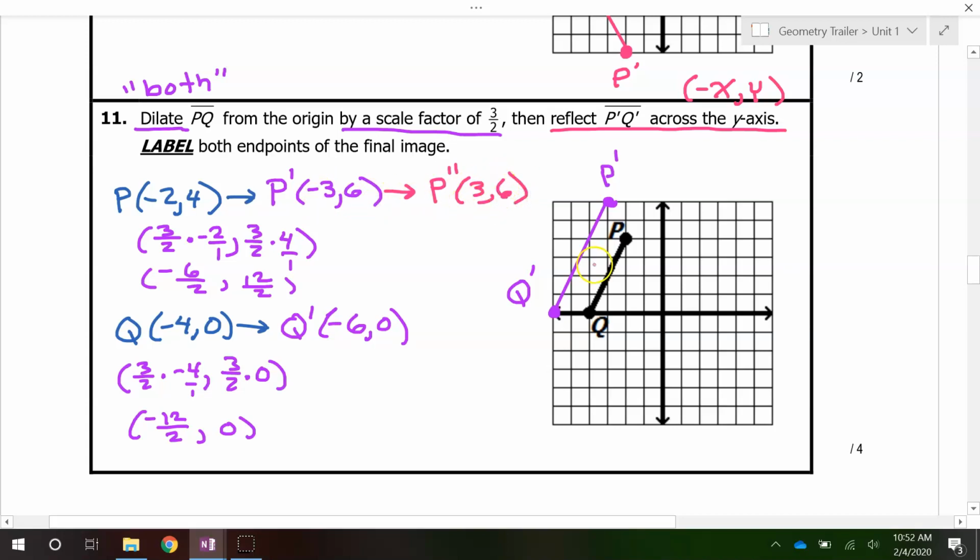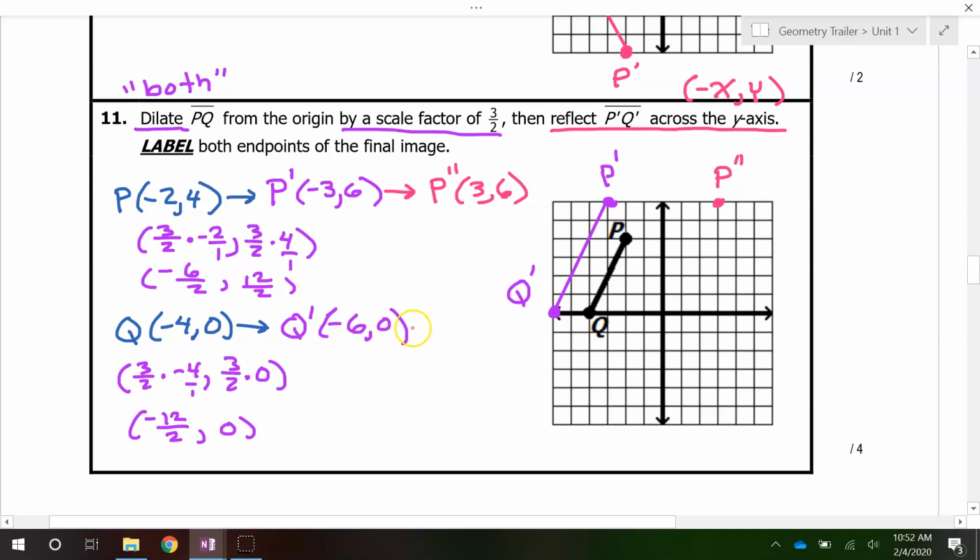So this will be 3, comma 6. So 3, 6 would be right here. All right, I also could have done it visually because we are reflecting over the y-axis. P prime is 3 to the left, so of course P double prime will be 3 to the right. So I didn't really need the rule just then, but it doesn't hurt.